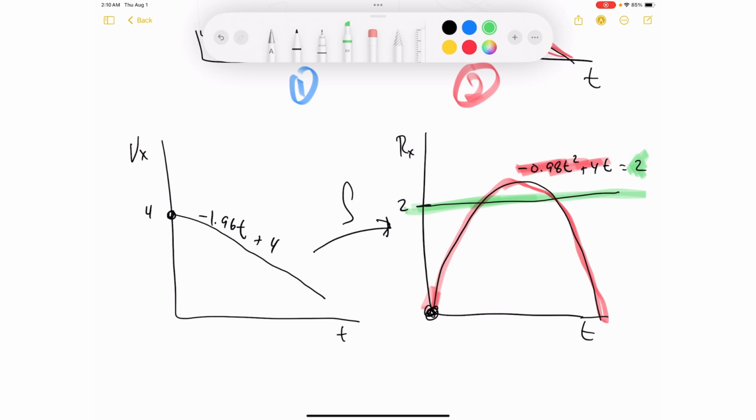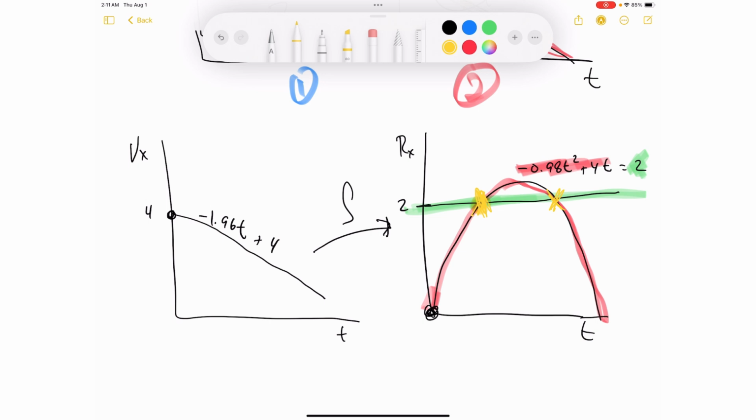Of course, you can look at this and go, well, they probably intercept right here. Let me just change this color. Either you get all imaginary numbers once you solve for t, or you get one real number and one imaginary number if it just hits it once, or you get 2 real numbers.